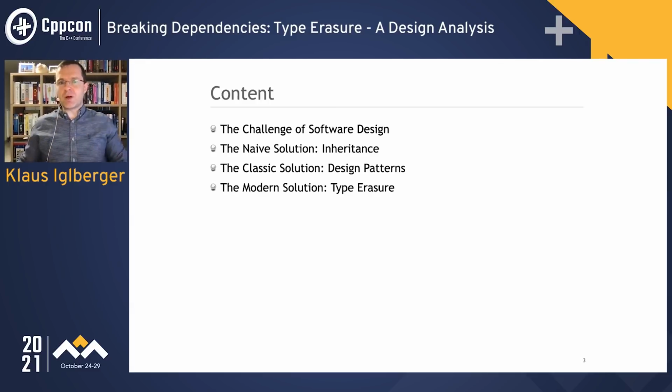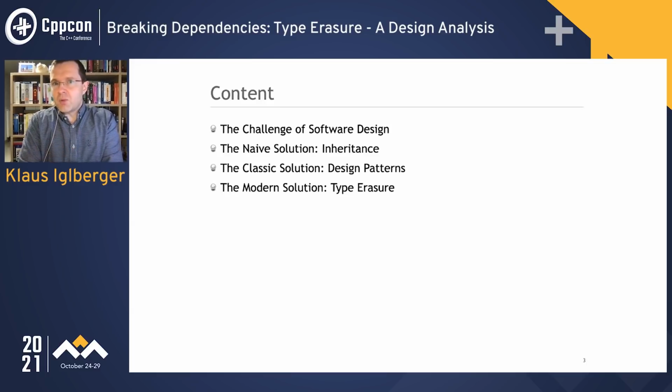Against your expectation, however, I will not directly jump into type erasure. I'll first very quickly talk about the challenge of software design in general. Then we'll solve a problem very naively by just using inheritance. Then we improve the solution, reaching for a couple of design patterns. And then, last but not least, we go into type erasure.